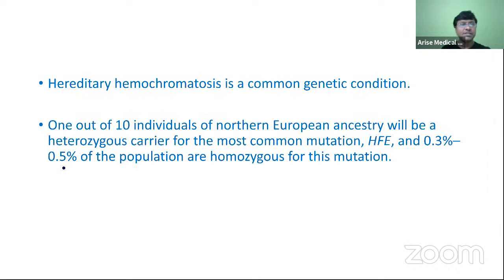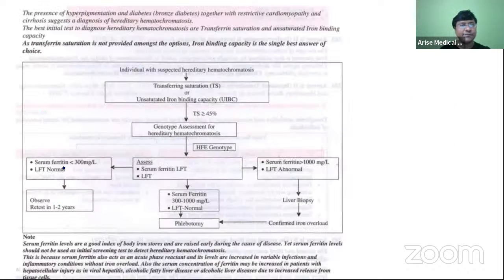So now you see the flow chart. In an individual whom you have suspected hereditary hemochromatosis, the first thing you have to check is either transferrin saturation, or you need to check the unsaturated iron binding capacity, UIBC.